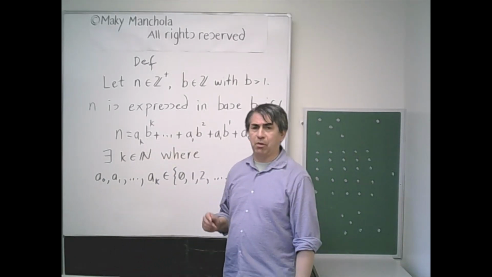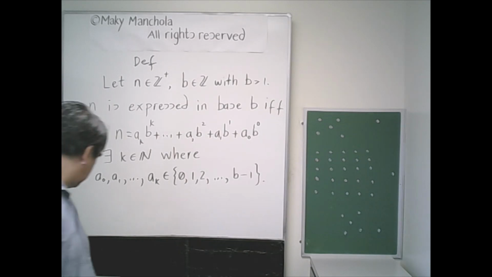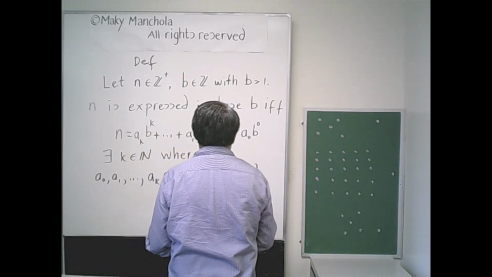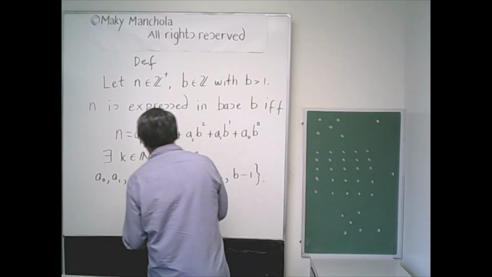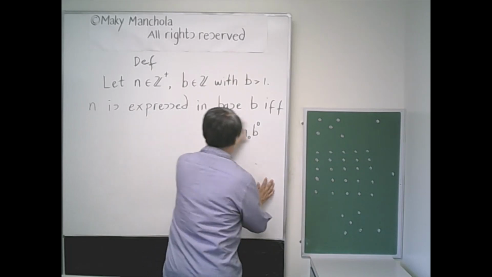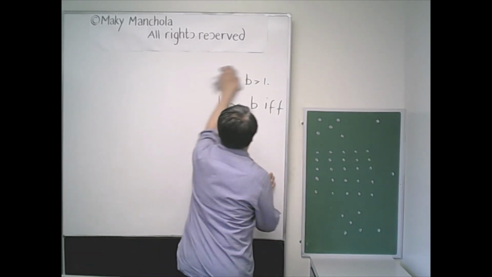So there is our definition. Let's do an example where I am given a number expressed in a certain base, and I am interested in finding what number is that.